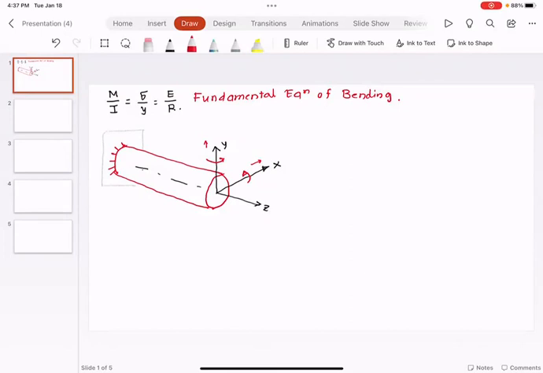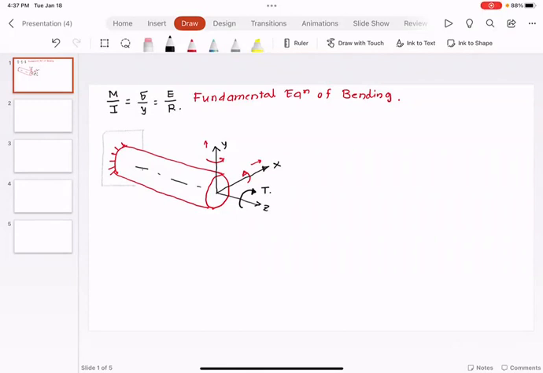Now, what I want you to understand for a minute is what happens if we apply a torque, which is something like this. What would happen if we apply torque about the central axis? Then this rod is going to twist.